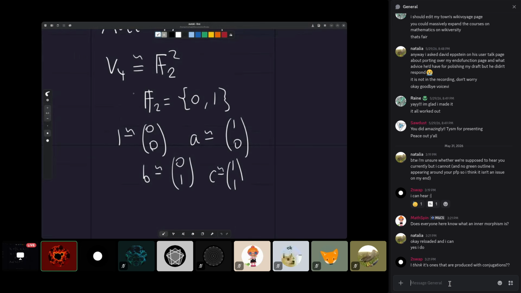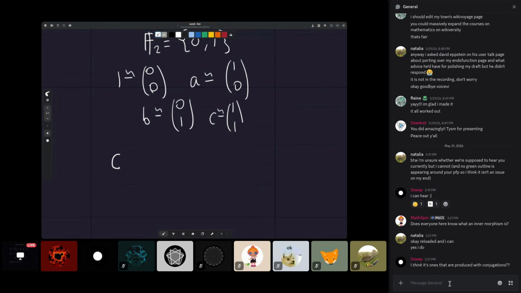So then what's the automorphism group of a vector space? Anyone know? Any guesses? If you've got a vector space, what groups have you got?